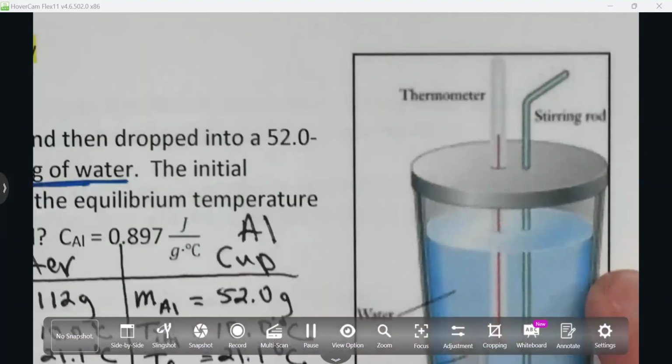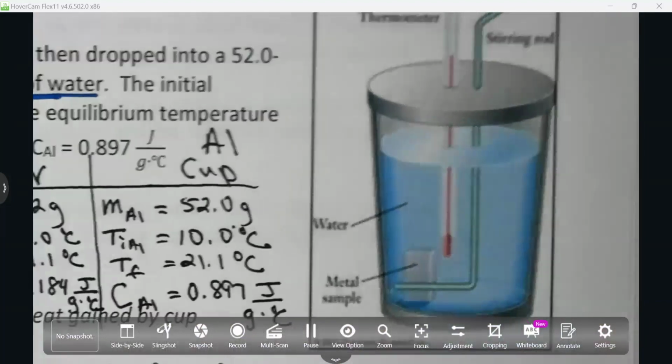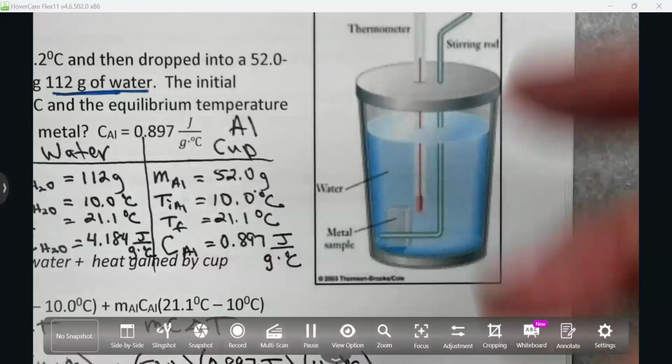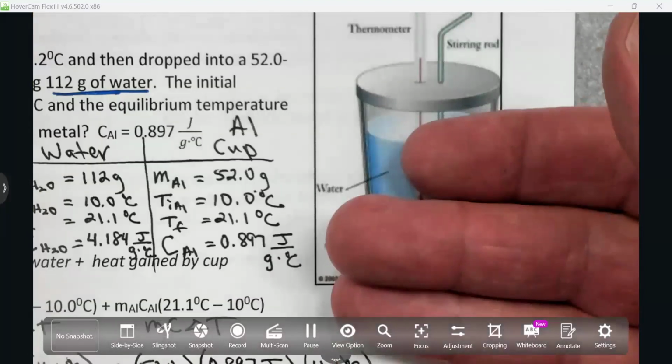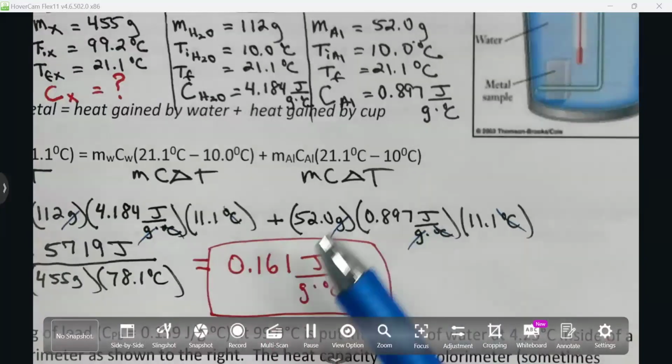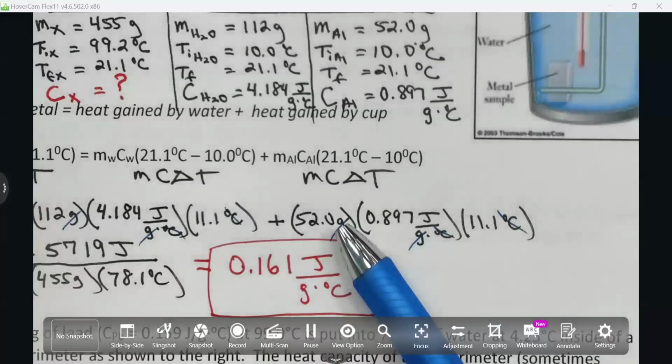You would reuse this aluminum cup over and over and over, so it doesn't do any good to keep using the mass. The mass of the cup is never going to change. The mass of the metal you might put in it, the mass of your hot dog might be different. Your bomb calorimeter mass is not going to change.